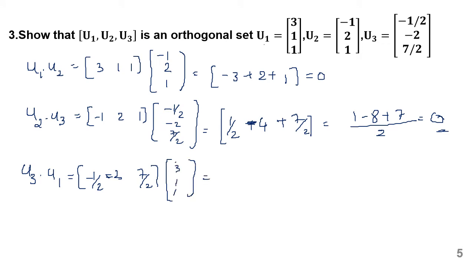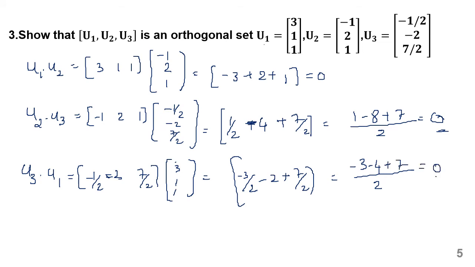So it is equal to -1/2 into 3, which is -3/2, -2 into 1, so -2, plus 7/2 into 1, so 7/2. So if you simplify this, we get -3 minus 4 plus 7 divided by 2, which is equal to 0.